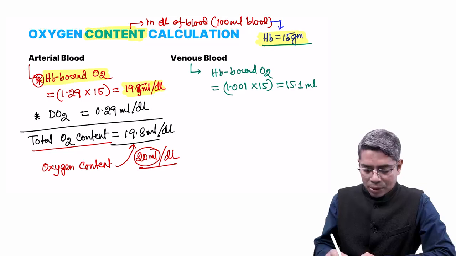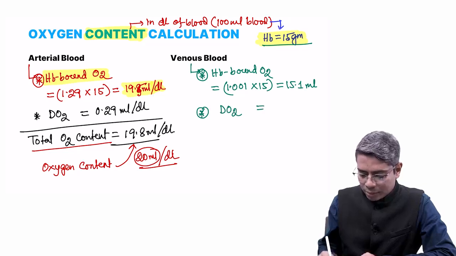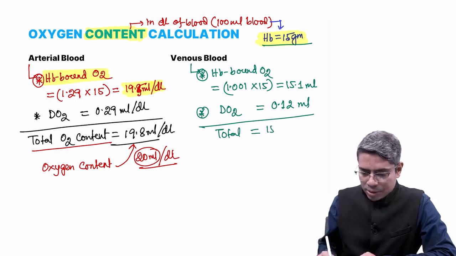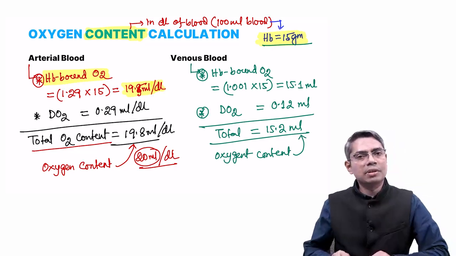And we have discussed previously that the dissolved oxygen content of the venous blood is 0.12 ml only. So, the total oxygen content of the venous blood is equal to 15.2 ml, and this is known as the oxygen content of the venous blood. Okay, so approximately 15 ml.